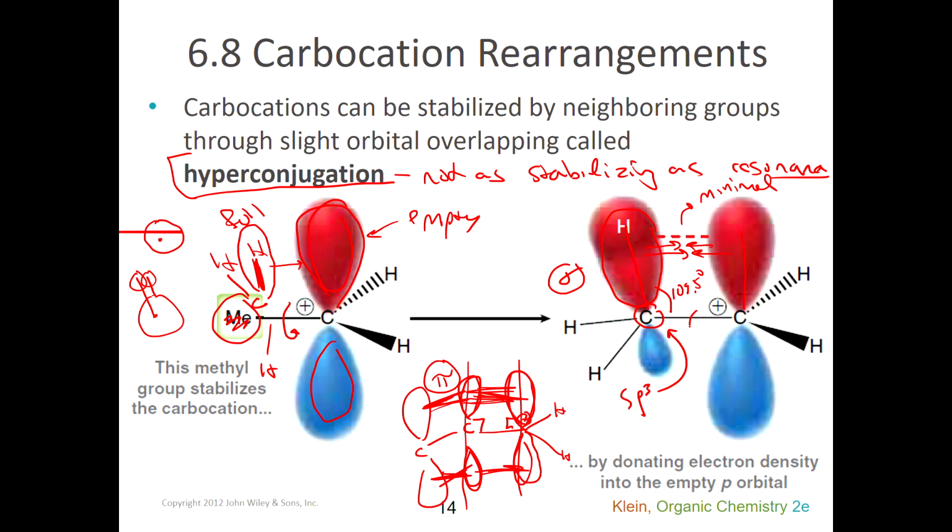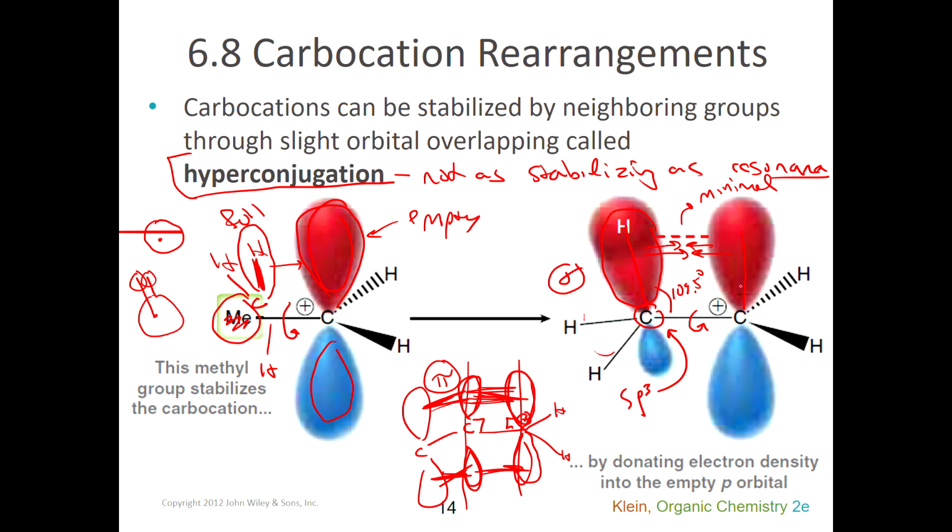If the single bond here rotates, any one of these hydrogens could fly up into this plane and overlap with the sigma bond. So it doesn't only stabilize it in this one rotation. It stabilizes it in any rotation where the CH bond eclipses with the empty p orbital. So that's how hyperconjugation works.